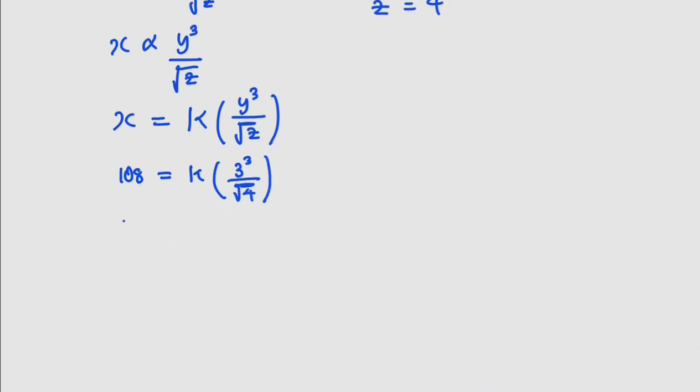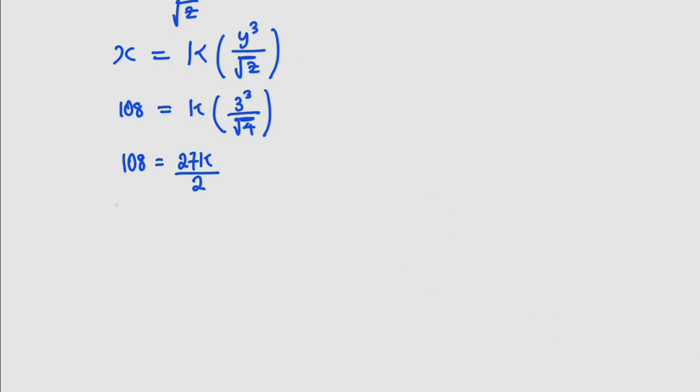That is 27k over 2, because 3 cubed is 27. Cross multiplying, we have 2 times 108 equals 27k.